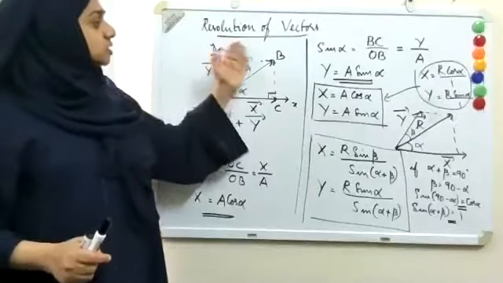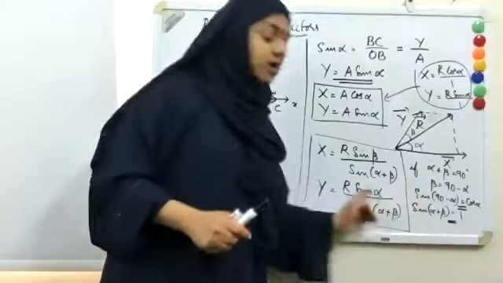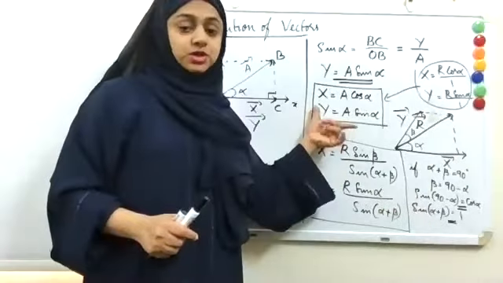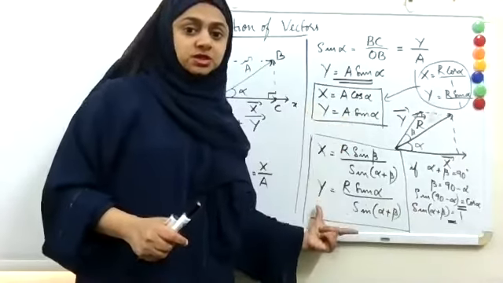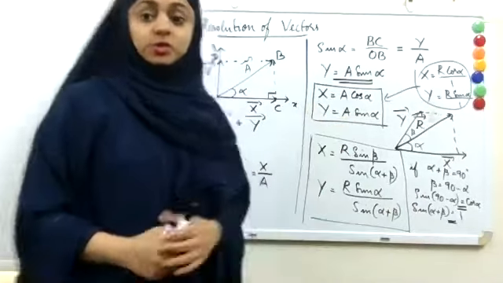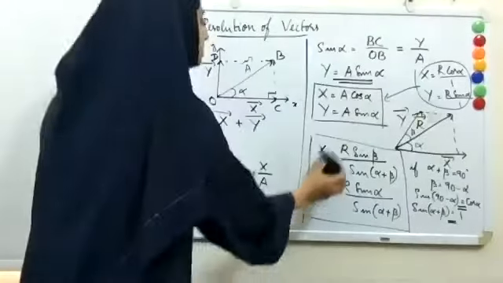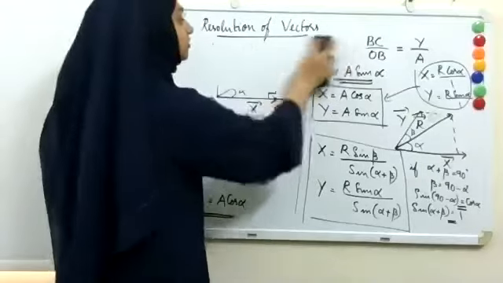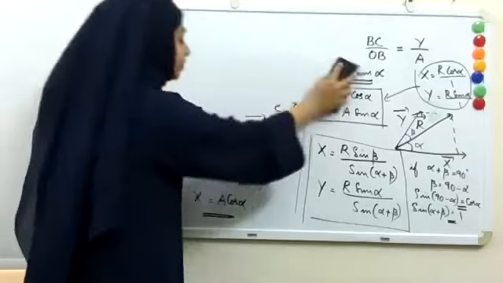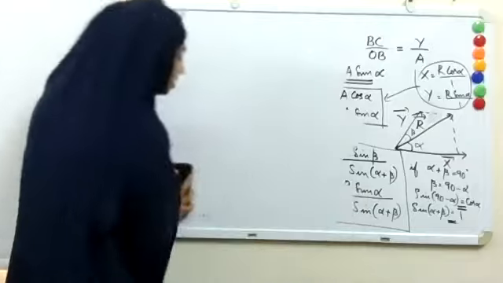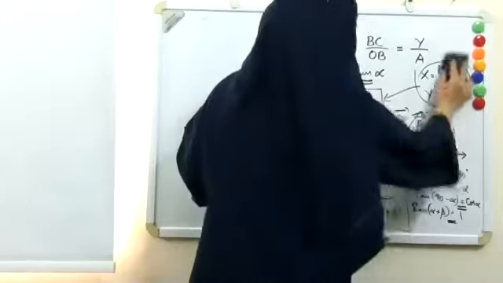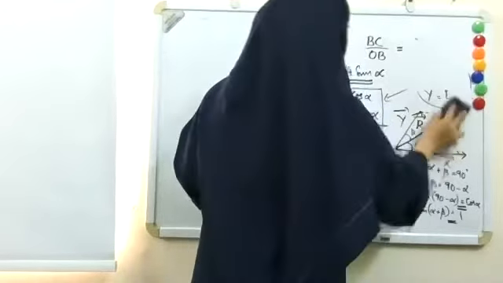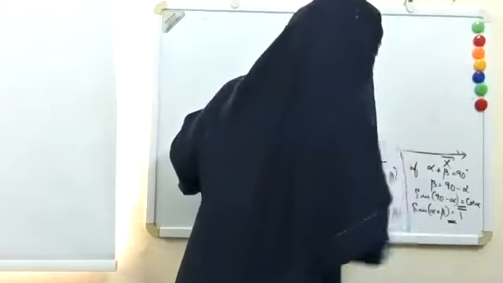Okay, so that's all I wanted to say about the resolution of vectors. You need to memorize this equation and this equation, and you have to understand the situation in which we are representing them in the component form. So you can resolve a vector into two perpendicular components or into any two components, which may or may not be perpendicular to each other.